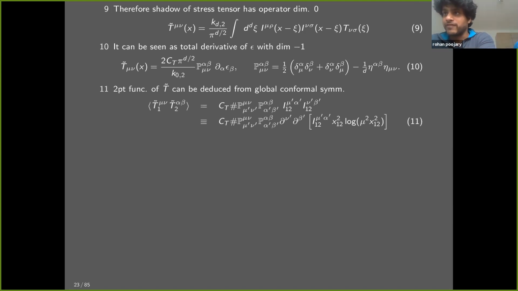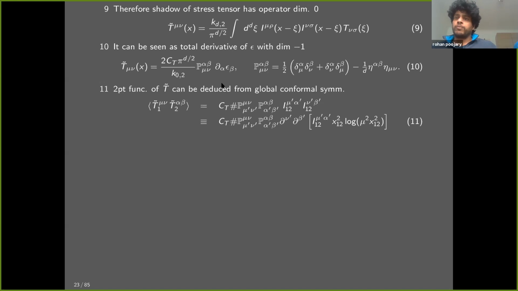So this is even more fictitious. It's not there in the theory. And this P is basically an object which makes it symmetric and traceless. You can just forget that. Just remember that T tilde is just del mu, a derivative of epsilon, a descendant of epsilon.